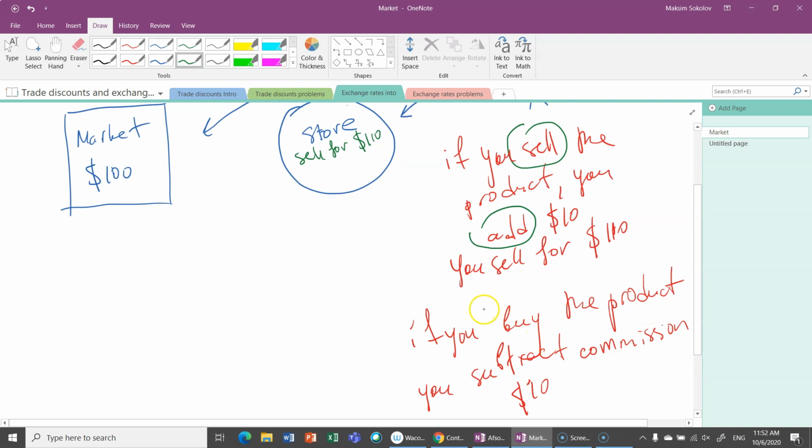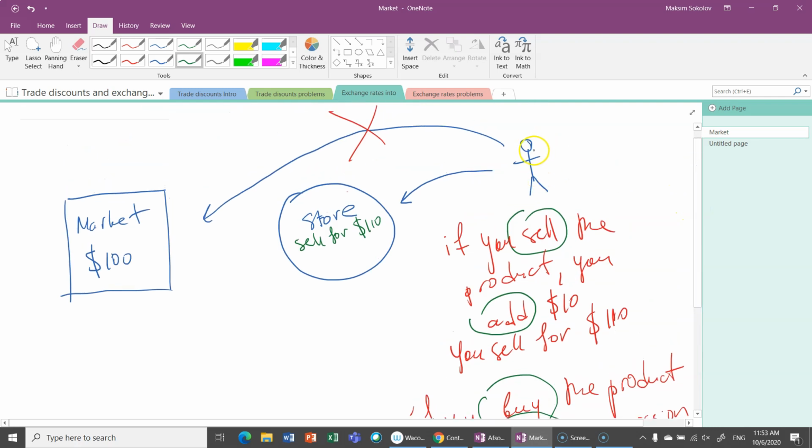And again, if you buy, you subtract $10. The idea is that the consumer will come to your store and want to sell that product to you. So you are buying it for $90. And as soon as you buy it for $90, you sell it to that market for $100 and you make again $10. So regardless of whether you sell or buy, you always make $10 in this example.